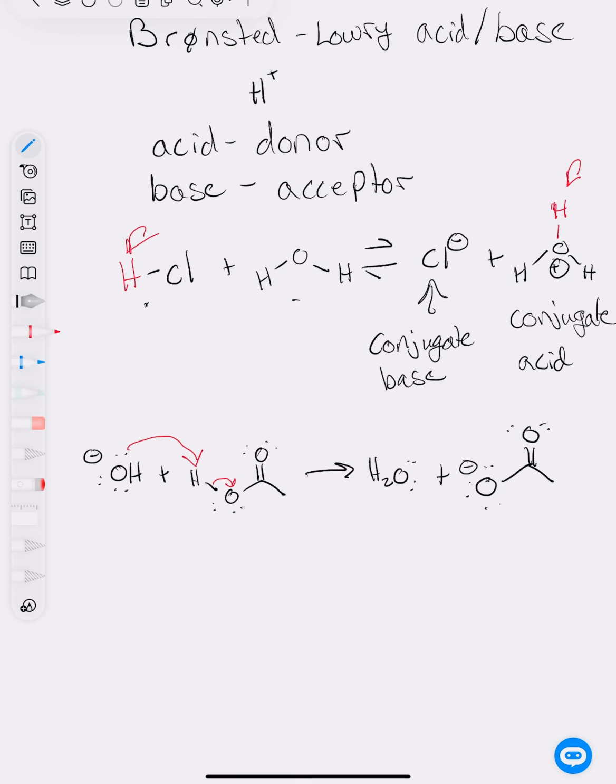So now this base becomes H2O, which is the conjugate acid, and this becomes our new conjugate base after this proton transfer.